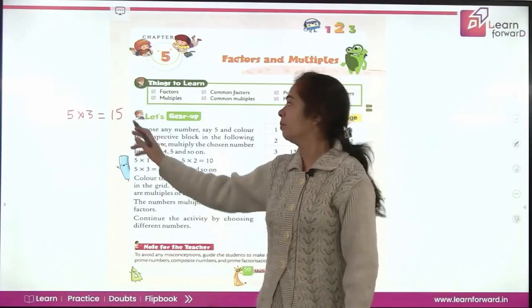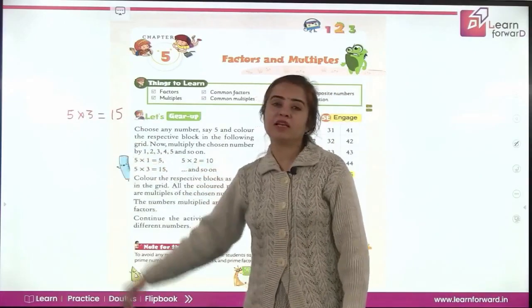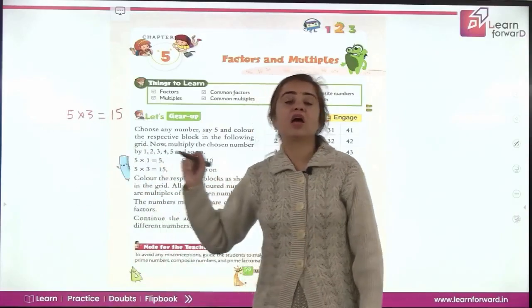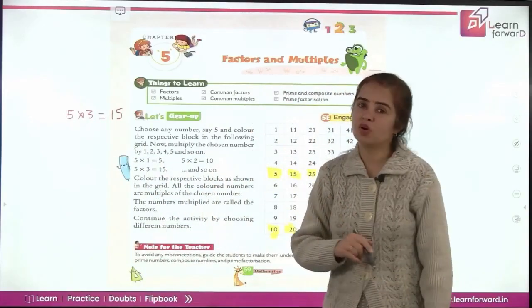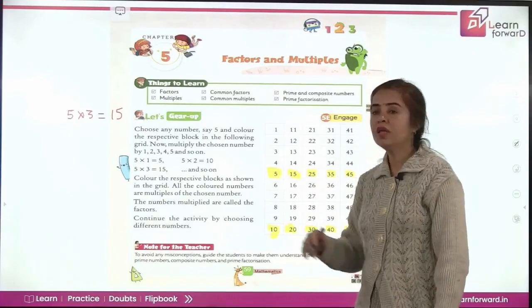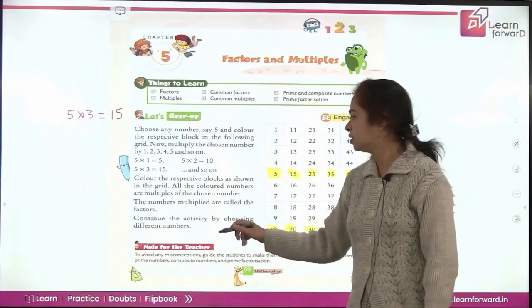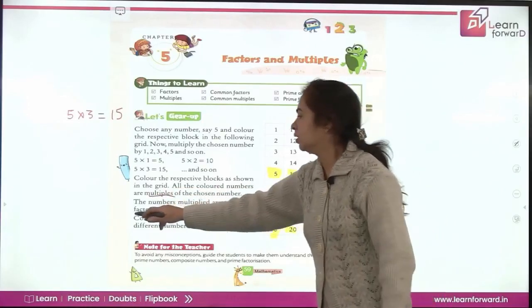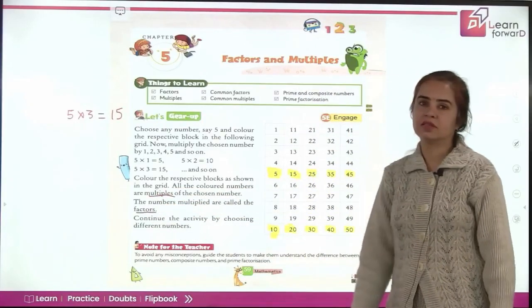So it is a multiple of 5 as well as 3. And you know what 5 and 3 are? 5 and 3 are called the factors of 15. Okay. So you have to remember these terms now. One is multiples and the other one is factors, right?